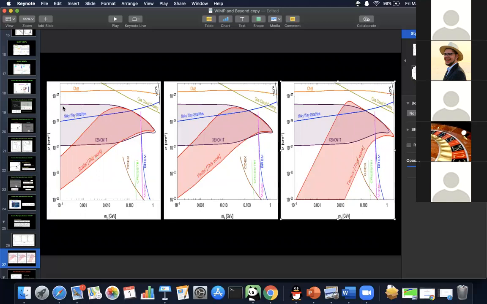This shaded range corresponds to the constant scattering cross section, because in all our calculations we include the full momentum dependency effects. But for this one, they keep a constant cross section and neglect the momentum transfer effects. So if we include the momentum transfer effects, we will have stronger limits than that. So it is very interesting.